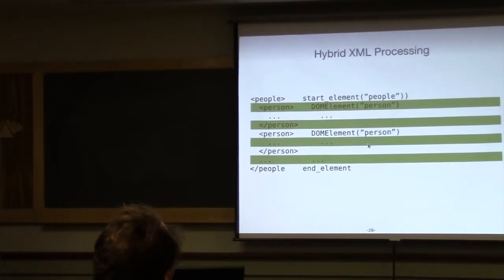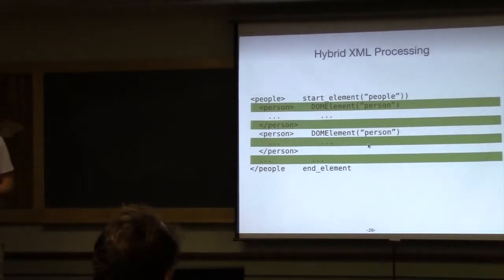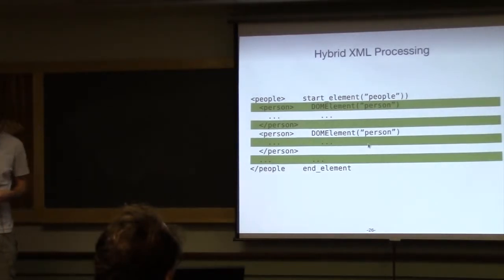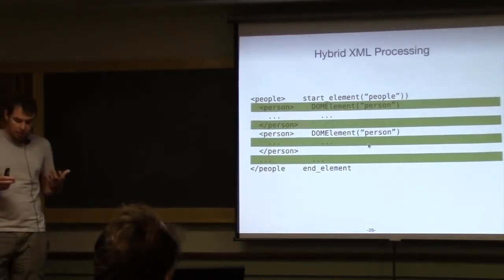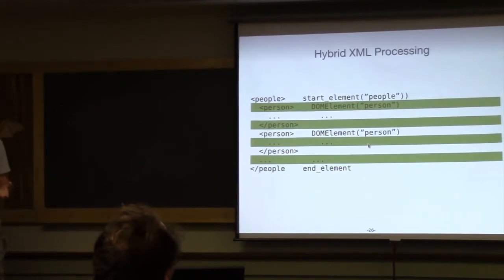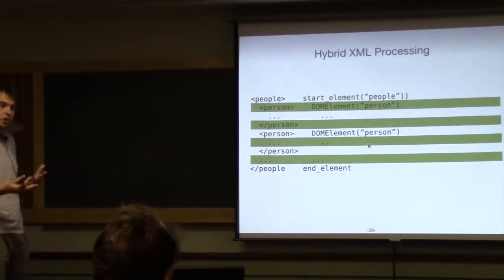There are also hybrid, partially in-memory, partially streaming parsers and serializers that try to deliver benefits of both models without any of the drawbacks. In this model, the idea in a nutshell is to use the streaming approach up to a certain depth in the document structure, at which point we switch to the in-memory representation.